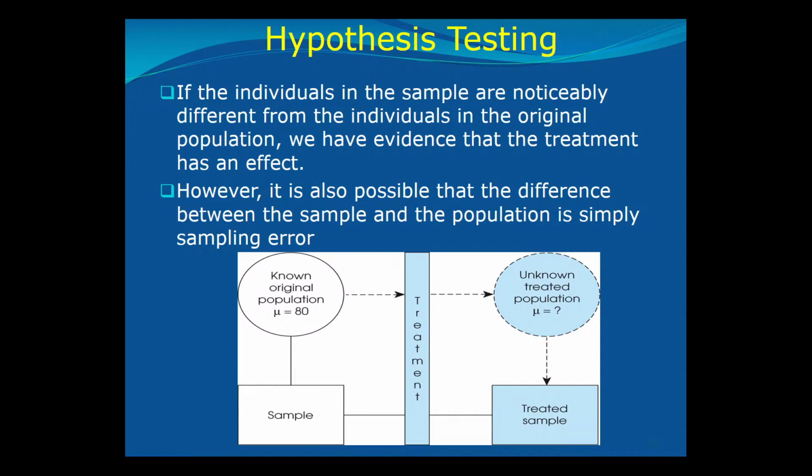So, we have two different populations, the known original population, and after the treatment, we have the unknown treated population. We take a sample from each population and use these samples for comparison by using hypothesis testing.